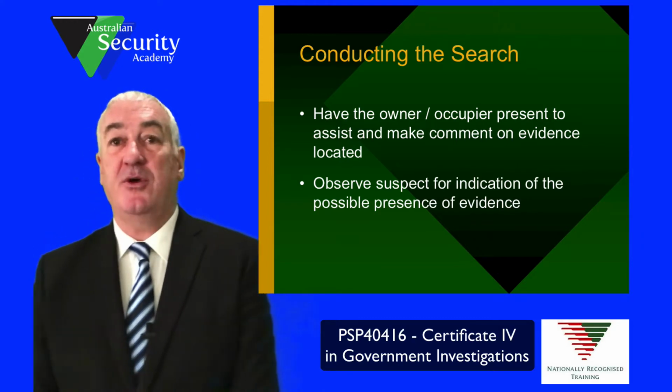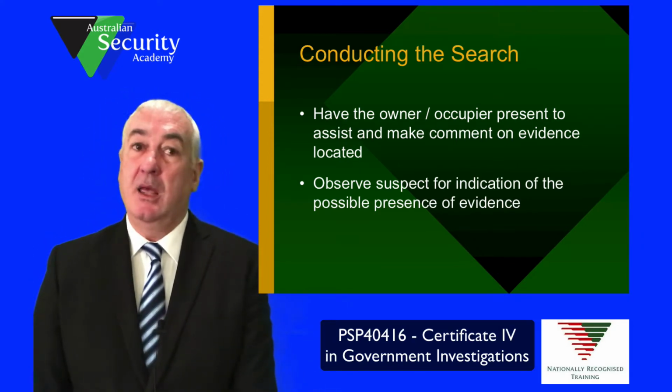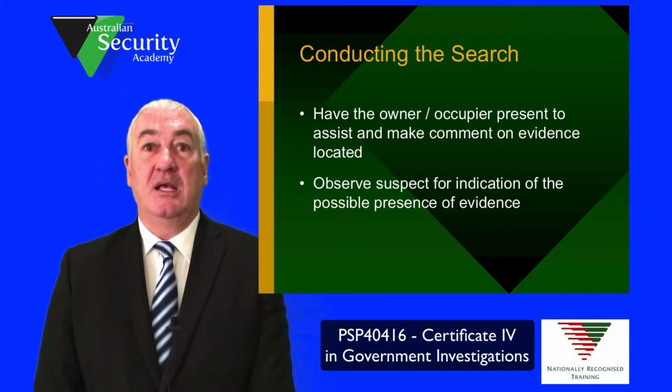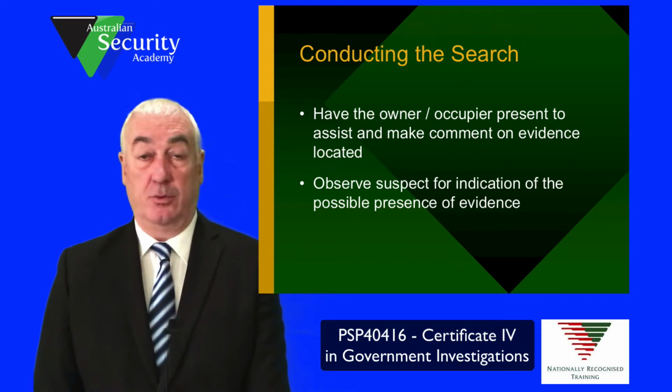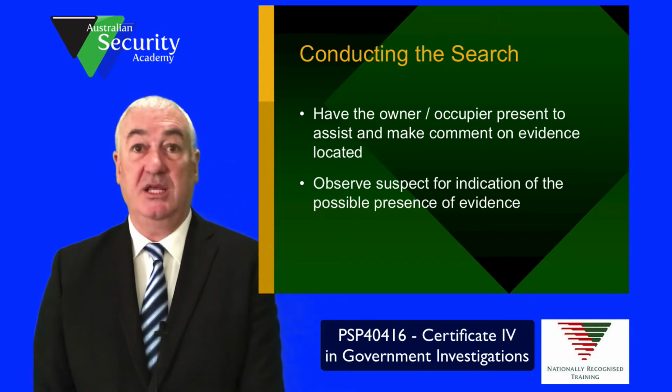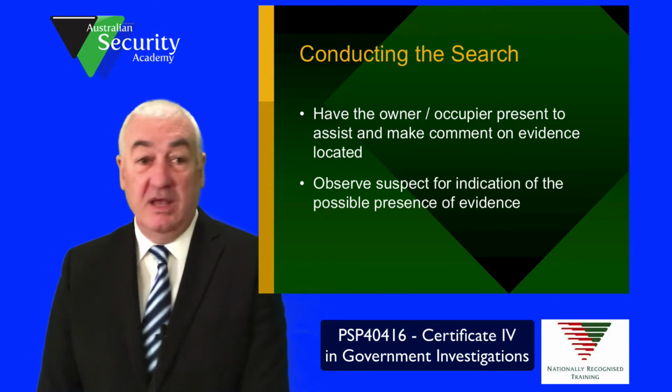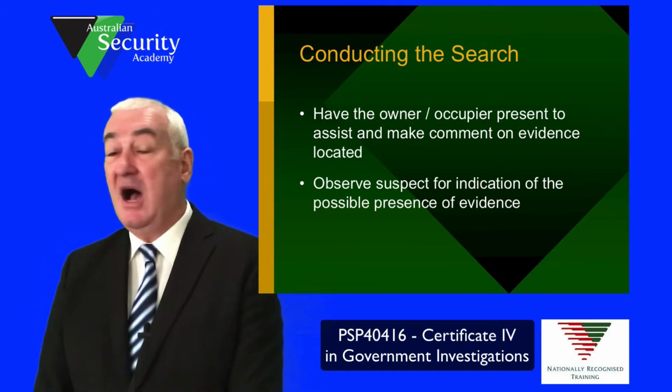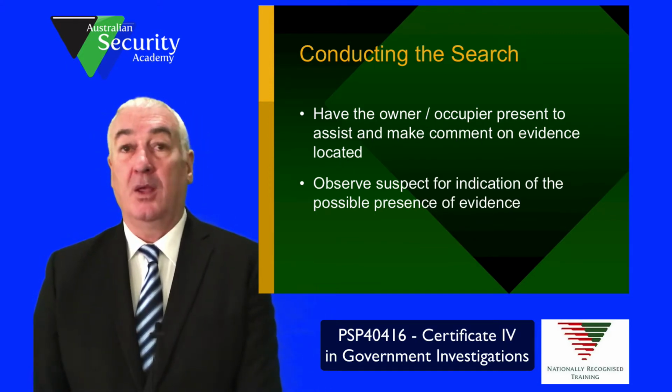So try and search methodically. I usually, when I execute a search warrant, start from the door to the room that you're going into or searching, and I search floor level, I search up to halfway up the height of the wall.